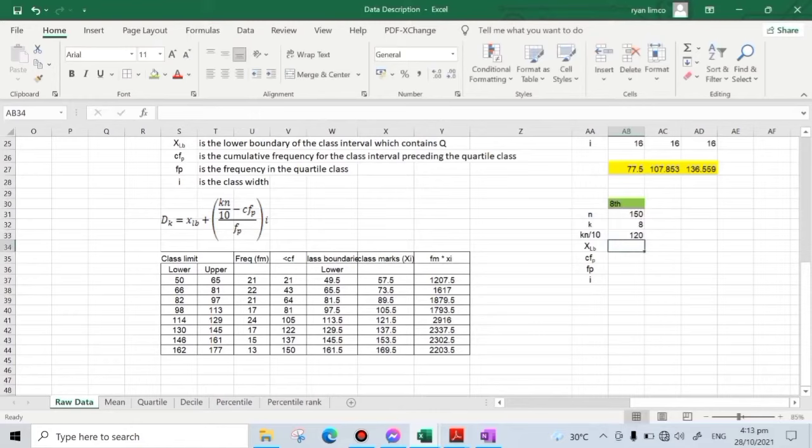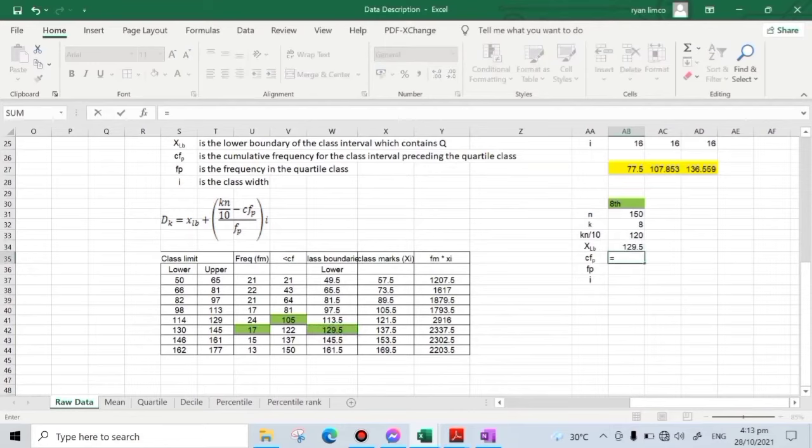And for the XLB, since this is 120, the 120 can be found here. So this is the XLB, this is the CFP, and this is the frequency. So XLB is equal to 129.5, and CFP is 105, and FP is 17. And for the interval, our interval from earlier is 16.